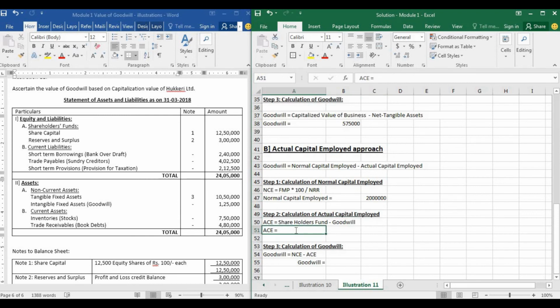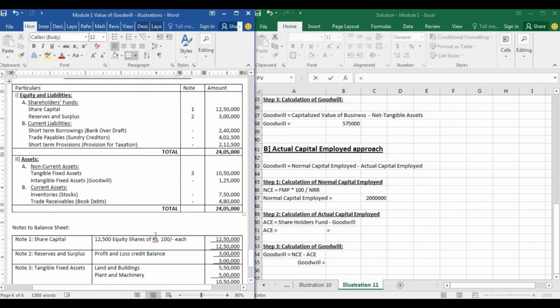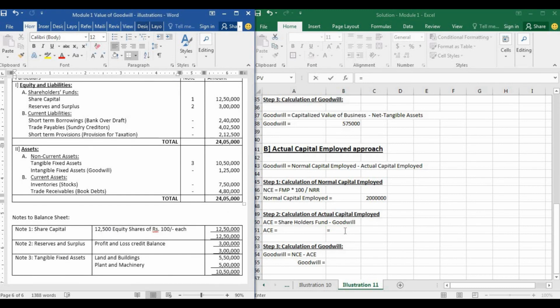ACE is shareholders fund minus goodwill. ACE is actual capital employed. So let us find that out. Shareholders fund, we have two working notes: share capital and reserves and surplus. Under share capital, we have equity shares, and under reserves and surplus, we have only profit and loss account credit balance.